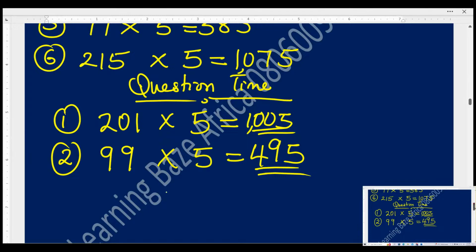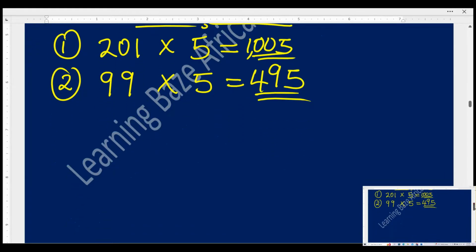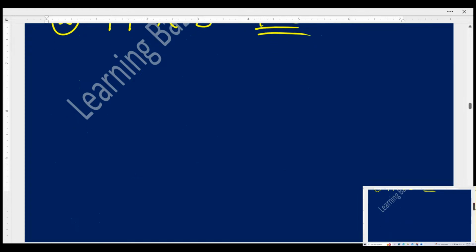All right, great. Now we'll quickly move into algebra. Everybody must have a good grasp of algebra, and algebra begins with an open sentence.